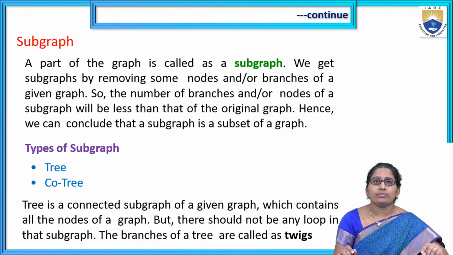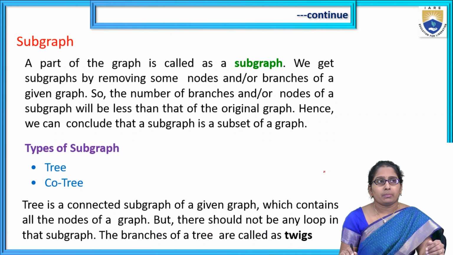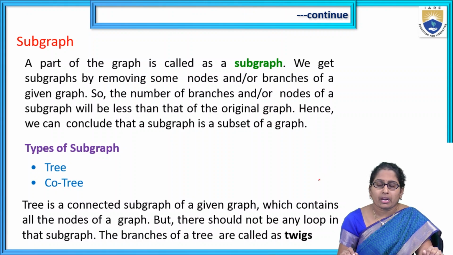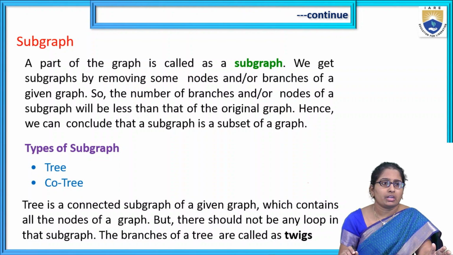Next, subgraph. What is meant by subgraph? A part of the graph is called subgraph. And how do we get the subgraph? We get a subgraph by removing some nodes or branches of the given graph, simply by removing a few nodes and or some branches of the original graph.